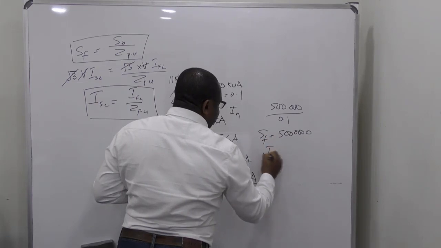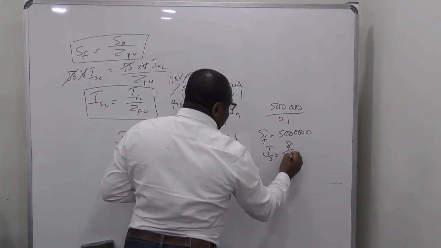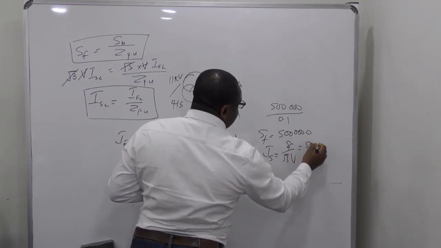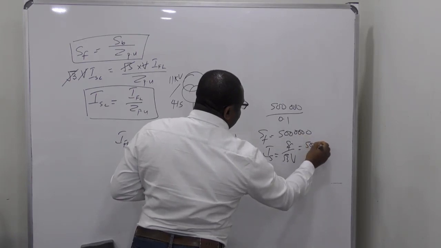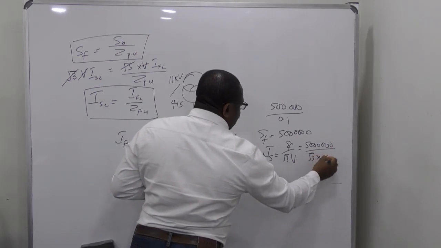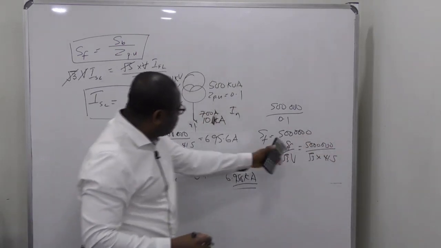So our I short circuit will be the same thing as S fault over root 3 times voltage, which is 5 million divided by root 3 times 415. You can use either way like this, or you just do that.